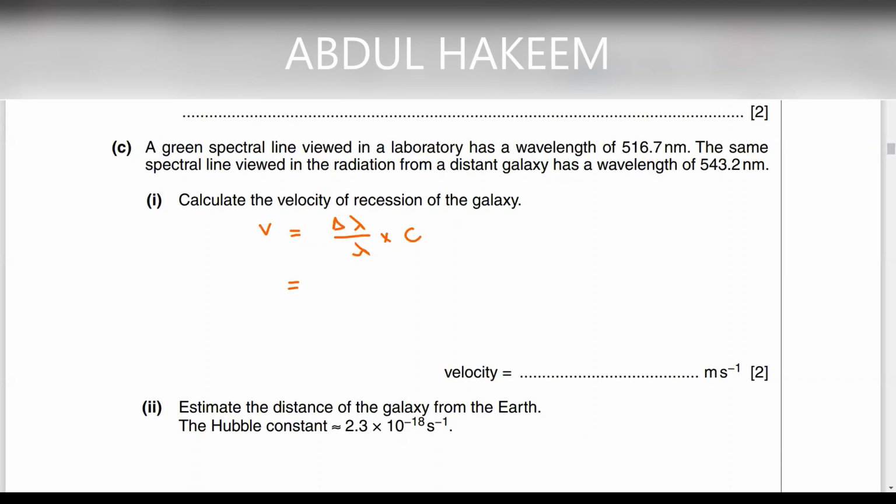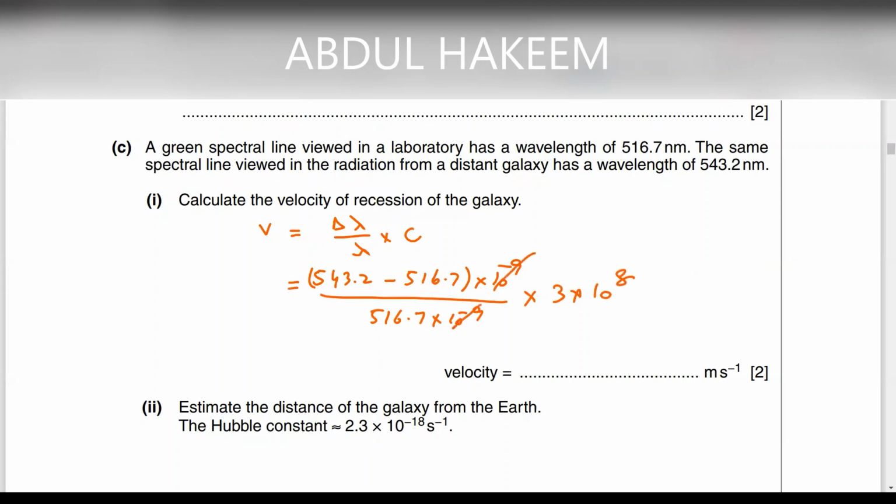Now, the difference of these two: 543.2 minus 516.7, times 10 power minus 9, divided by the actual 516.7 times 10 power minus 9, into the speed of light, 3 into 10 power 8.